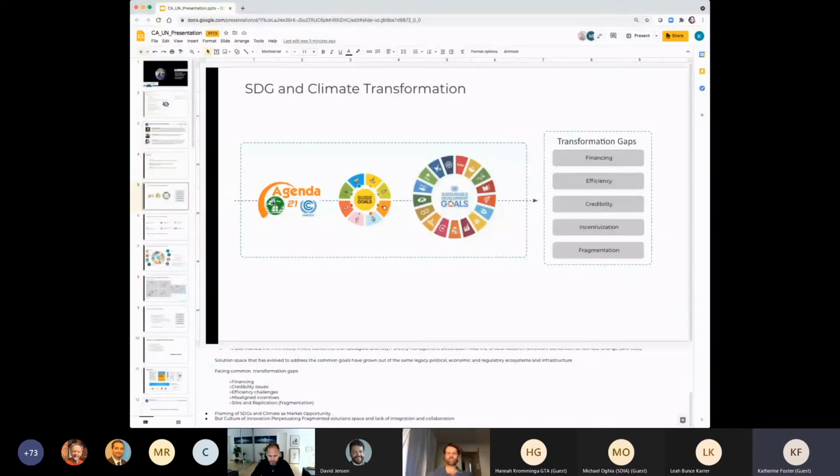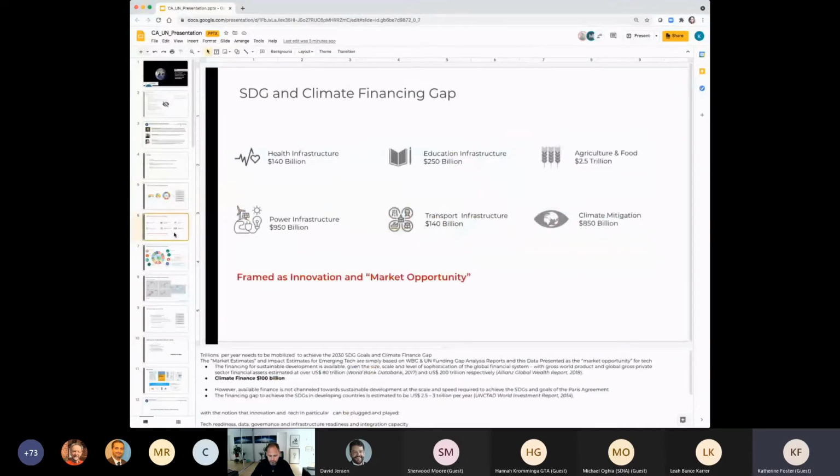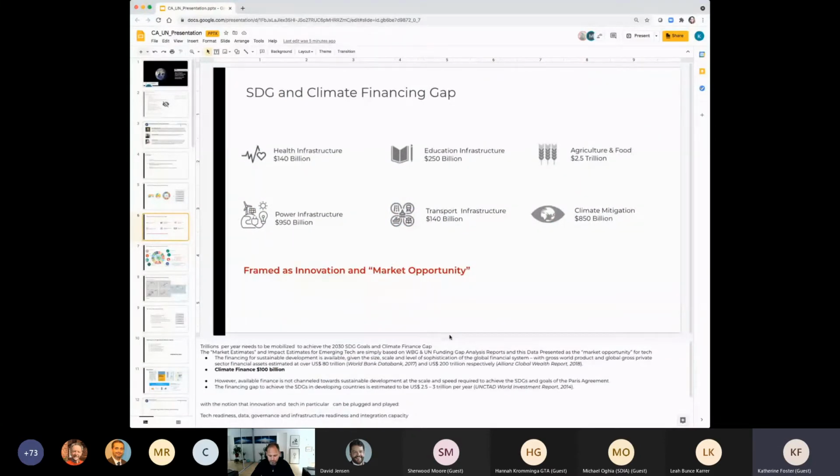And what is also interesting is the framing of sustainable development goals and climate as market opportunity. And it's the culture, and this is what I really wanted to talk about briefly, the culture of innovation is based on this notion where we take the examination of the financing necessary to meet these SDG and climate financing gaps, and they're held up as market opportunity for innovation and technology.